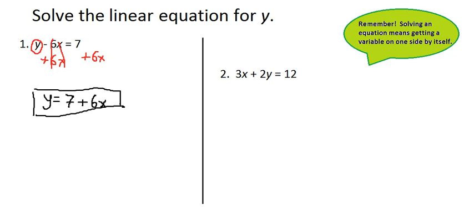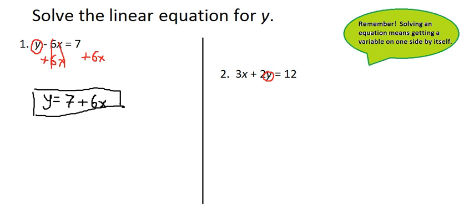Let's look at number 2 now. We've got a little bit more going on here, but essentially we're doing the same thing. It's that y that we're solving for, so I'm going to go ahead and circle that y so that we know that's what we are trying to get by itself on the side. Over here, there's something that's added and something that's multiplied.